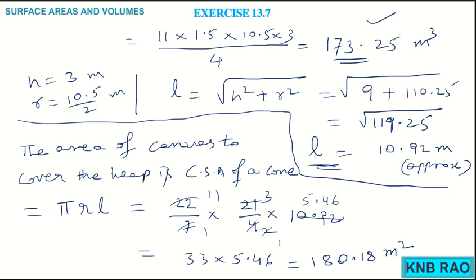So, approximately this much area of canvas you require. So, 33 into 5.46 is 180.18 only. I just cross checked. So, this is how we find.